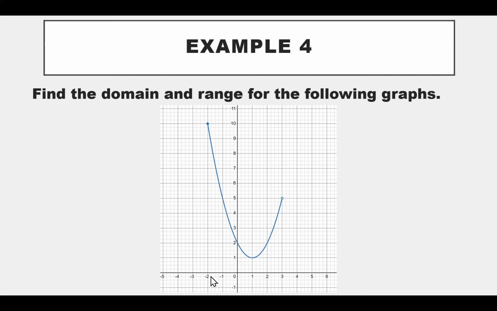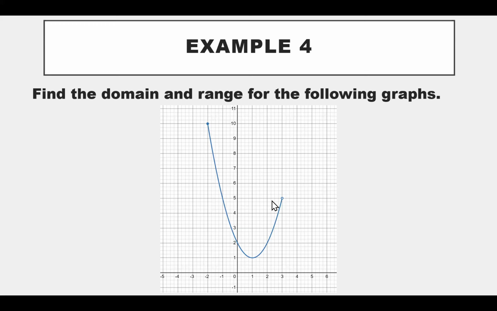What about the range? Well, the range, it looks like the lowest y value is a y value of 1. And then all of the y values get hit up until we end up at 10. And since there is a closed circle at 10, it looks like it gets hit at 10.